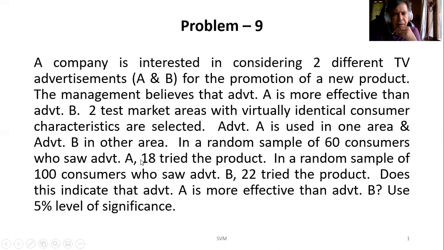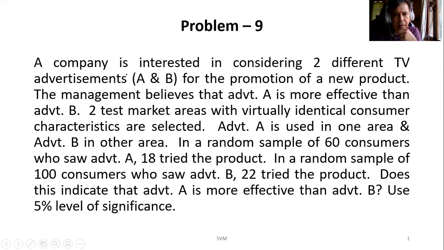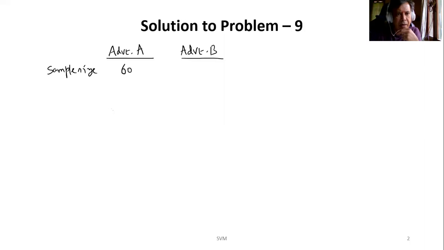Random sample. Advertisement A, it is 60 consumers. So, sample size 60 consumers. Out of that, 18 tried the product. Means I will say sample proportion: 18 out of 60 consumers tried the product.